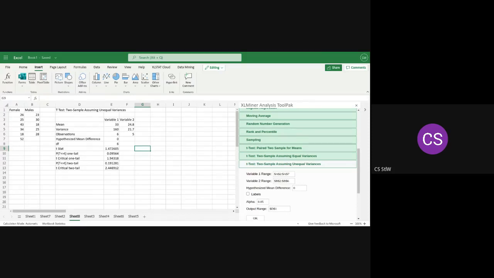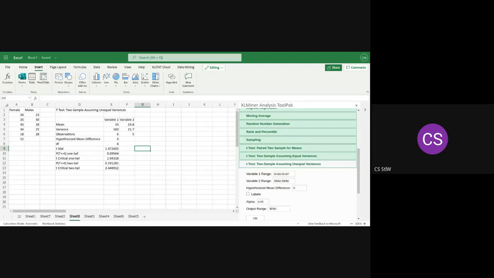These are like what you would read from the table. And then t critical two tail is 2.4469.